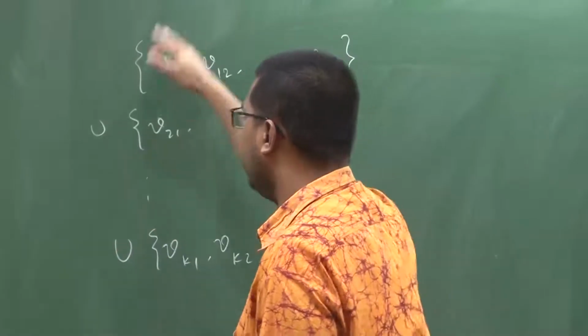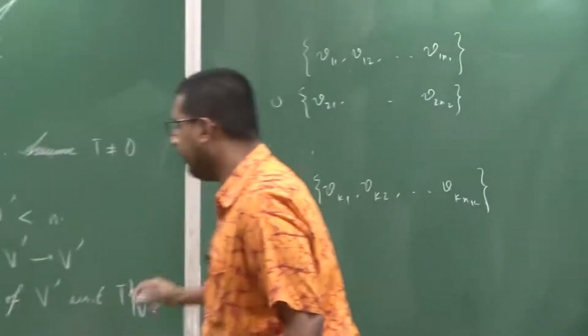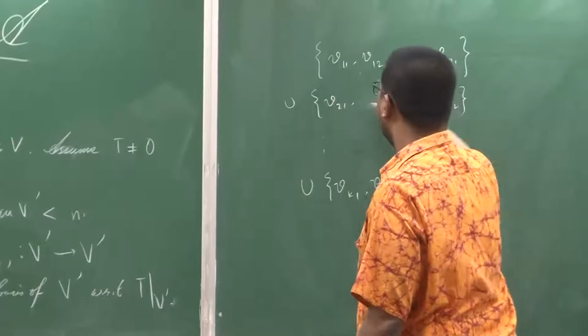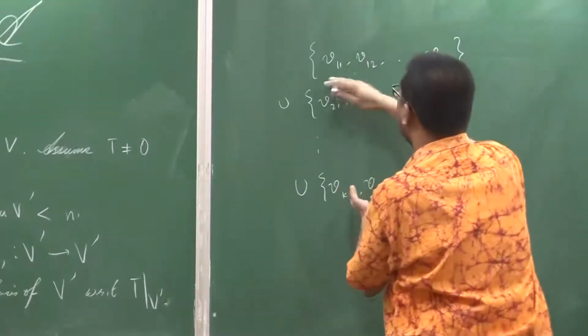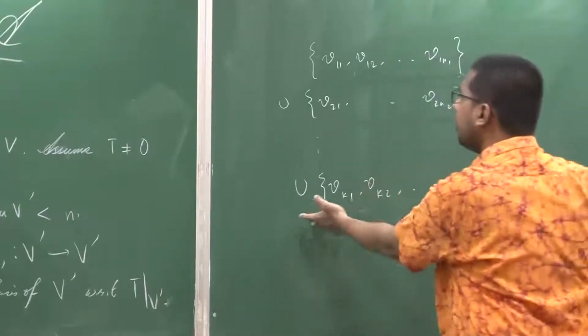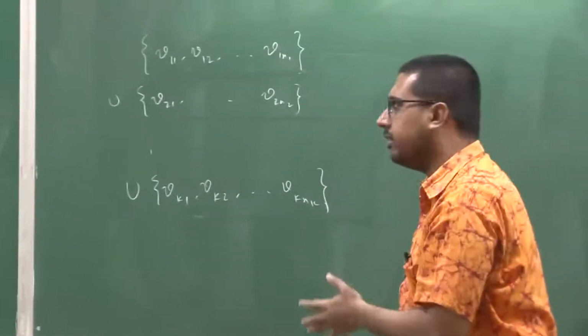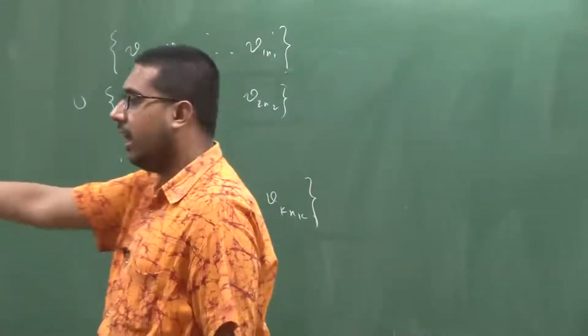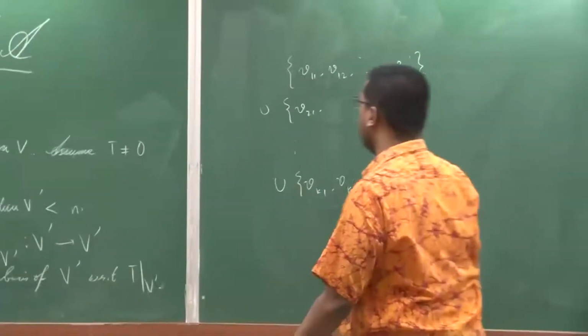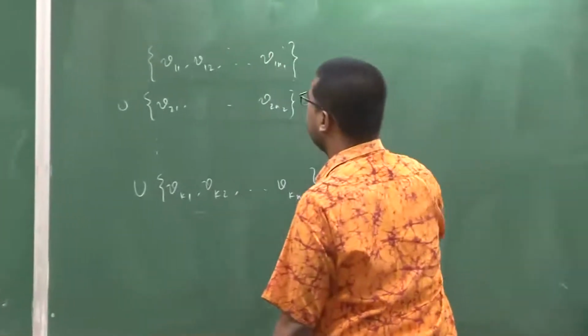Okay. So, these are the Jordan strings whose disjoint union is the Jordan basis. Since T is nilpotent, the eigenvalue must be 0 corresponding to this basis.